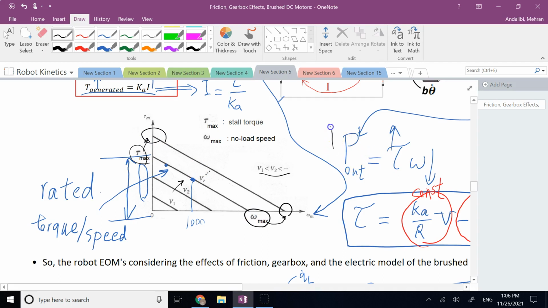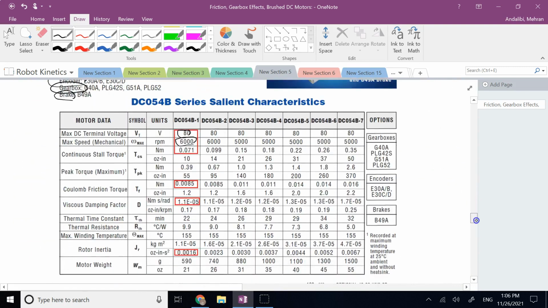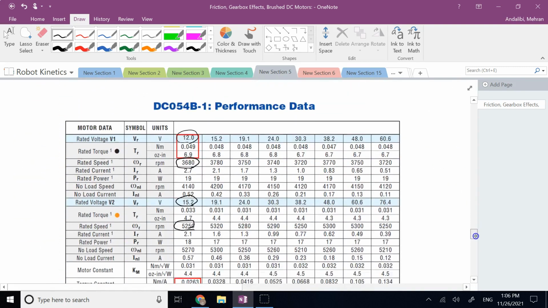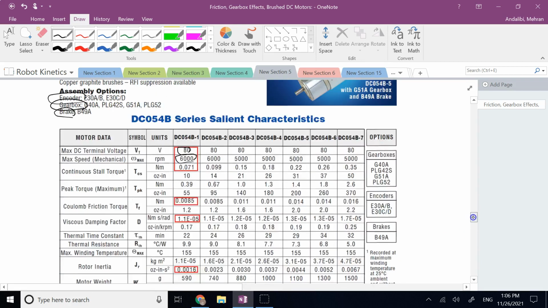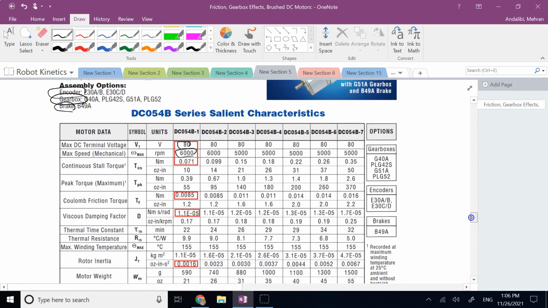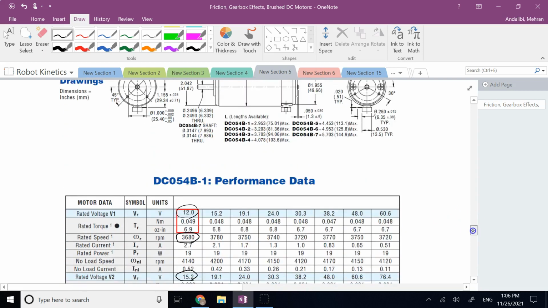More power out of the system, and more power means bigger torque or bigger omega or both. So definitely more voltage is an option if you want higher torque or higher RPM, and it gives you two options. So again, you can go up to 80 volts, but by no means is the manufacturer suggesting you to use it. It says go either with 12 volts or 15.2.